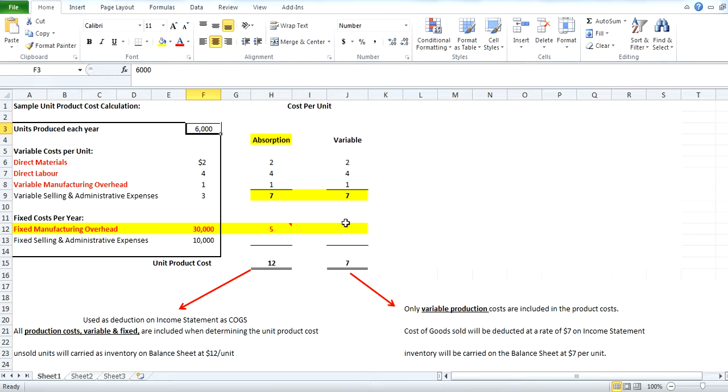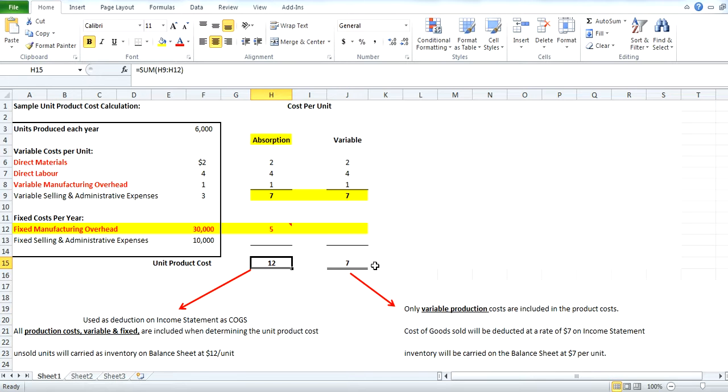And under variable, just as the name suggests, we're not taking that into consideration, so there's nothing here. So what ends up happening is that we're saying, if we adopt absorption costing, our unit product cost will be $12 per unit, and under variable costing, it's going to be $7, okay?